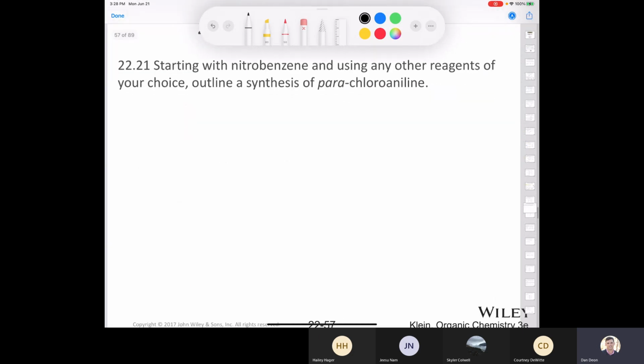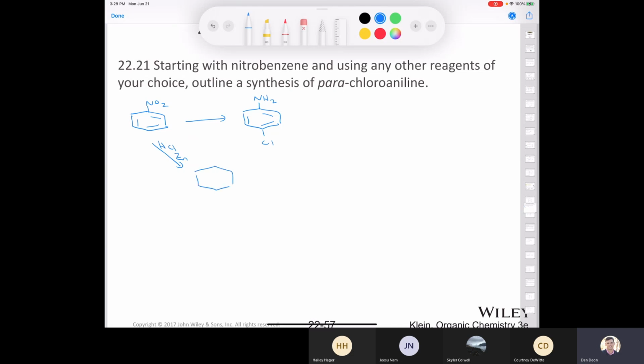In question 22.1, it says starting with nitrobenzene and using any other reagents of your choice, outline a synthesis of para-chloroaniline. So if we start with nitrobenzene, and we want to make para-chloroaniline, I can see what they're getting at here. If you have para-chloroaniline, it might be a knee-jerk reaction to say, well, I'll just reduce this using HCl and zinc, for example.